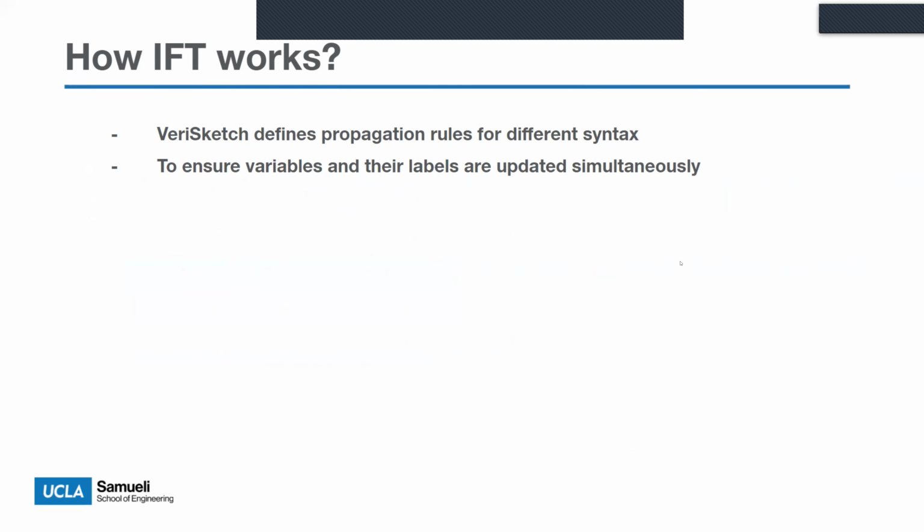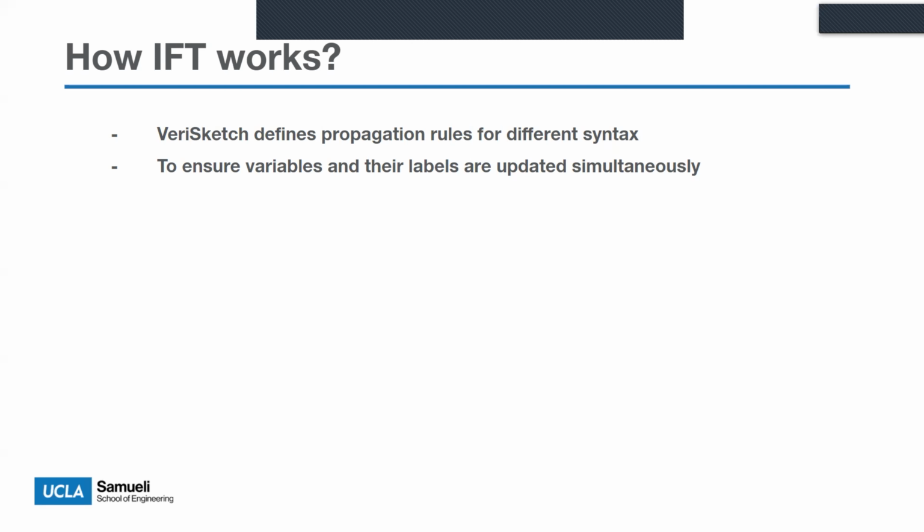Another thing to mention about IFT is that it defines propagation rules for different syntax. For example, the propagation of the label of a variable operating in a non-blocking assignment is different from its operation in a blocking assignment.